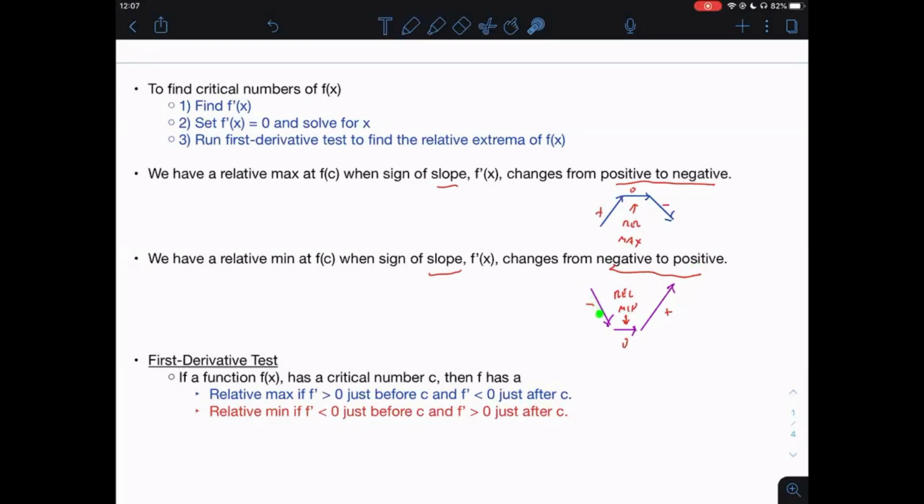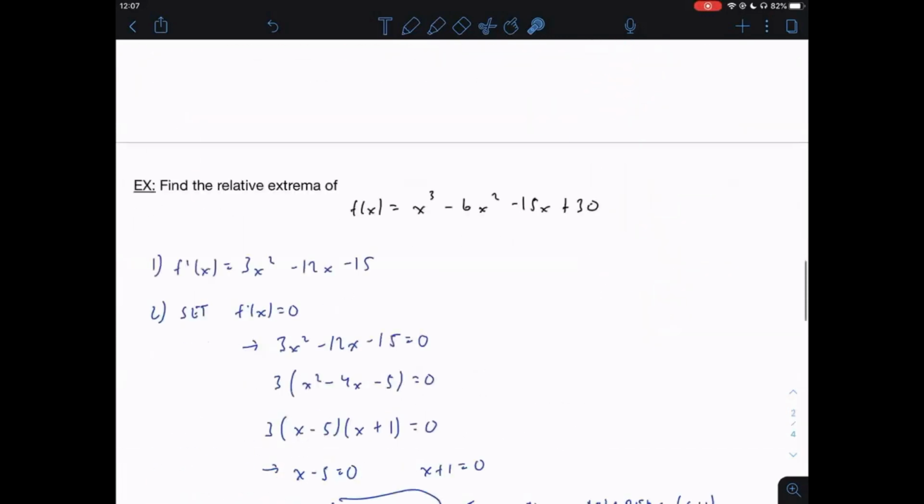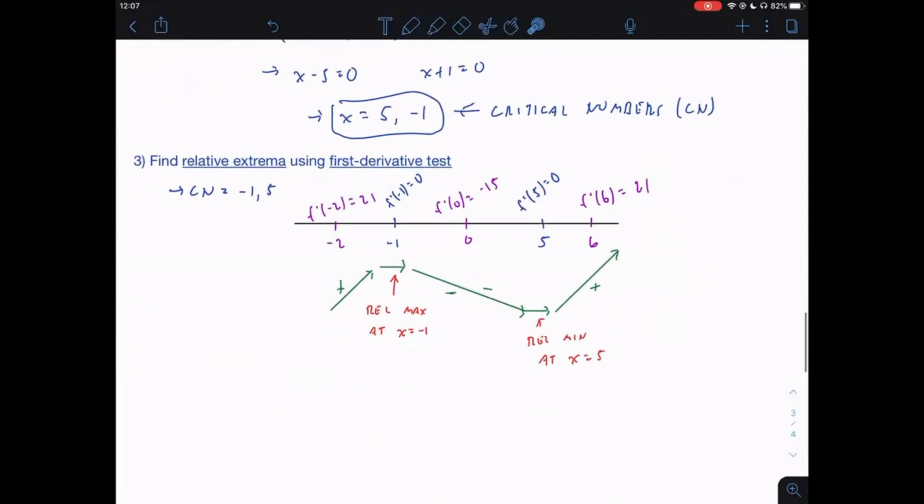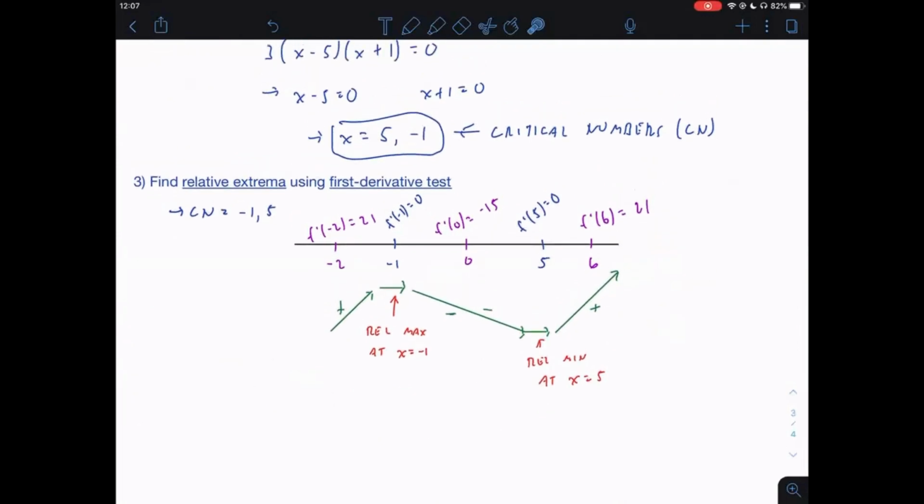Your function is coming down, which is a low point, and then starts to climb back up. Okay, so here we have the two types of relative extrema, a max at x equals -1 and a minimum at x equals 5. But not done just yet.